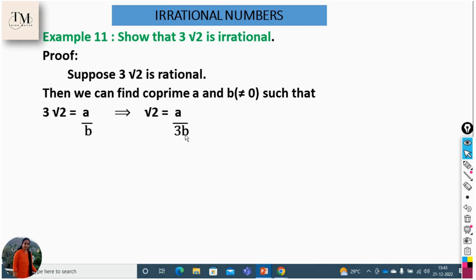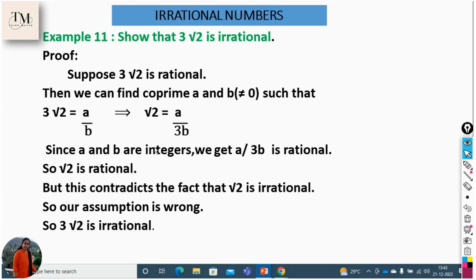Since a and b are co-prime and 3 is also an integer, this a by 3b will be a rational number. If this is a rational number, then root 2 will also be a rational number. But we already proved that root 2 is irrational. So our assumption is wrong. Therefore, 3 root 2 is an irrational number.